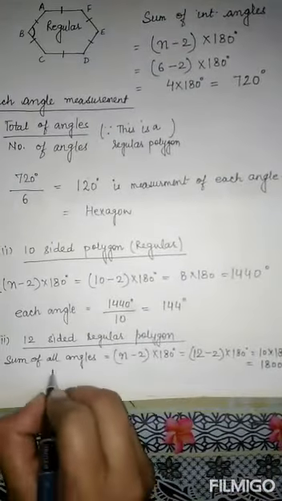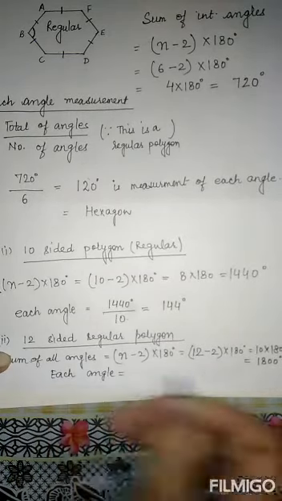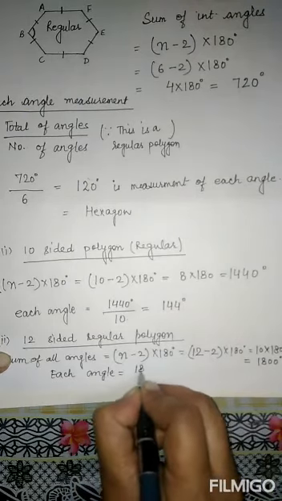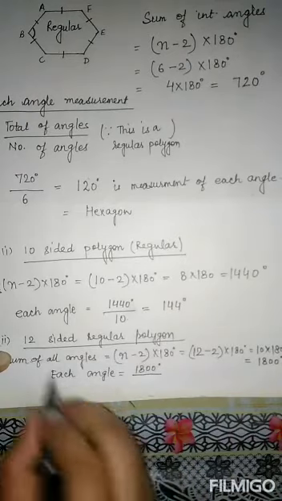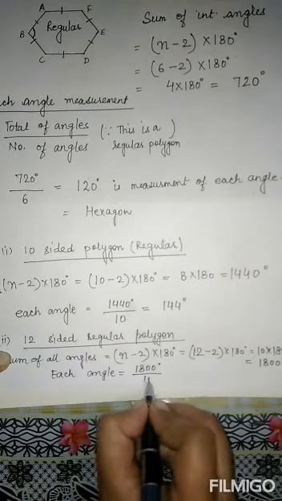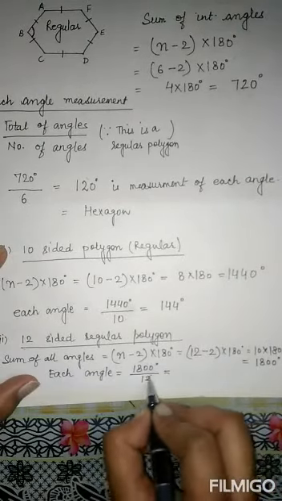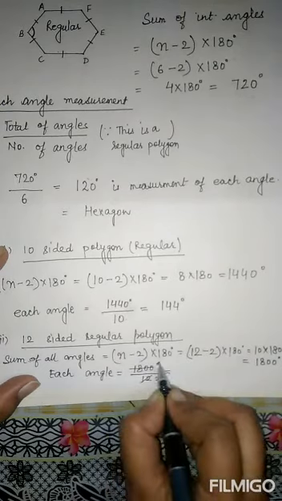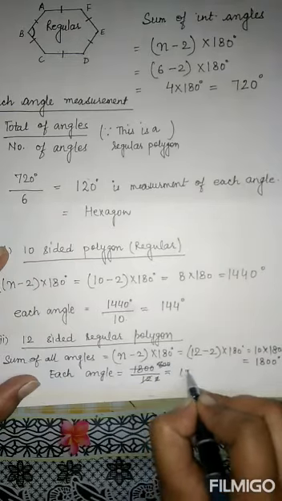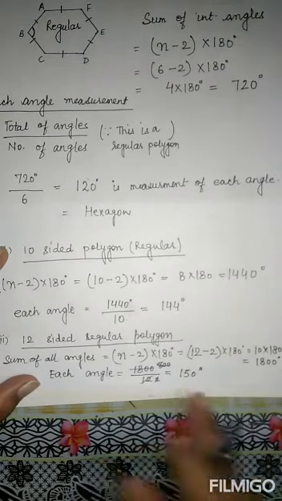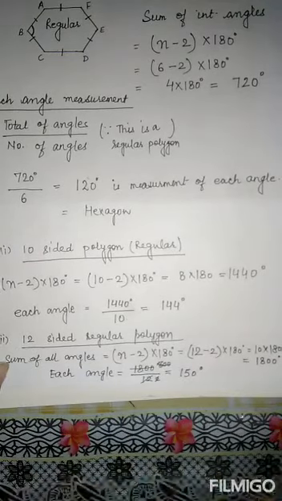So now we want to find each angle. Each angle will be the sum of all angles divided by the number of angles. It means 12 angles would be there. So let us simplify it. 6 2s are 12, 6 3s are 18, and when we divide, we get 150 degrees, the measurement of each angle in a 12-sided regular polygon.